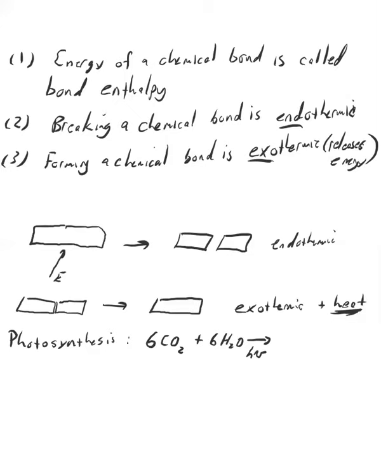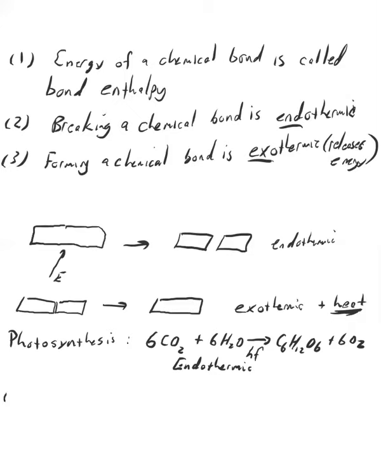Let's use hf, h times frequency, because the energy of a photon is h times frequency. And then you get this molecule called glucose, and you get oxygen. That's photosynthesis. So that's an endothermic process. It takes energy. You need the light to do that. Energy has to go in.